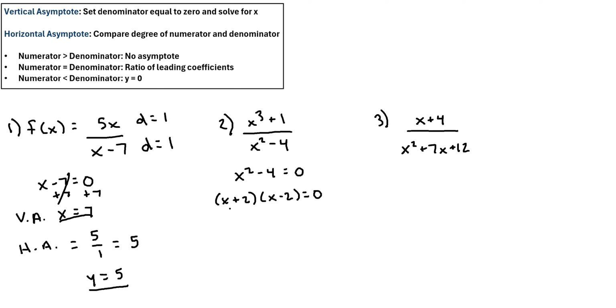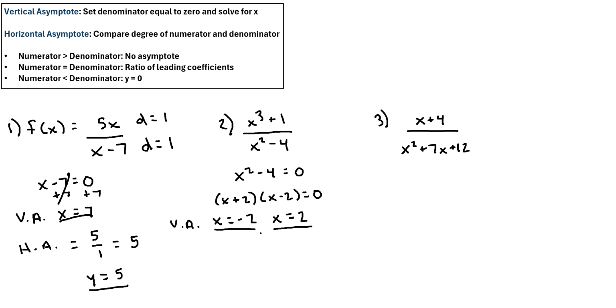So what values of x, if we plugged in here, would make this left-hand side equal to 0? Well, just by looking at it, we can see that x is negative 2 or x is positive 2. So these two numbers are both our vertical asymptotes. So in this case, we have two vertical asymptotes.